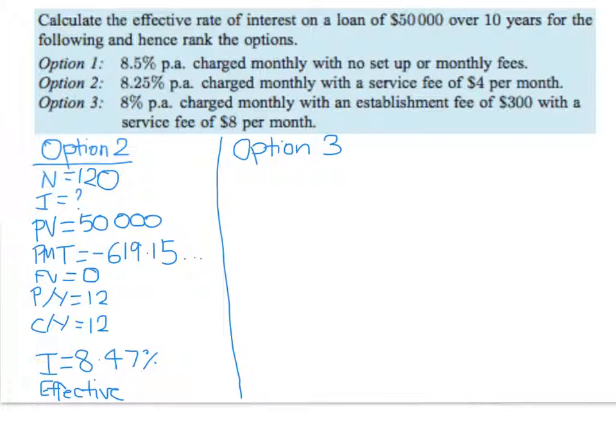do you remember what the first step was? Because there are 3 main steps to this process. Yep. So our P of V, so 50,000. Plus what? Fees. So what are our fees in this case for option 3? 300 and 8 per month.